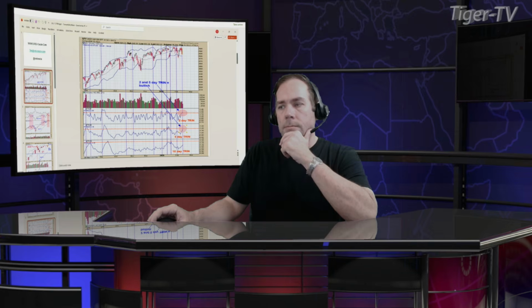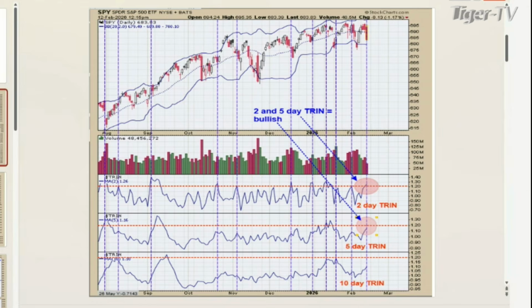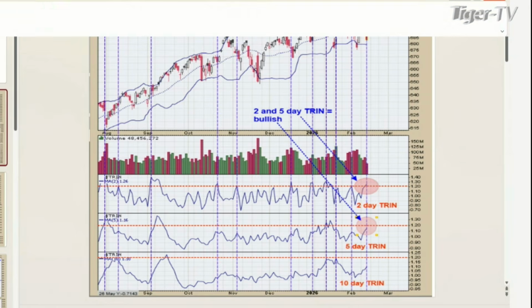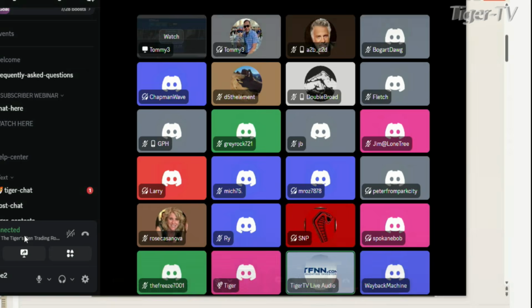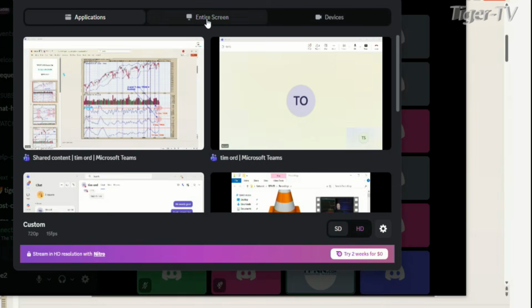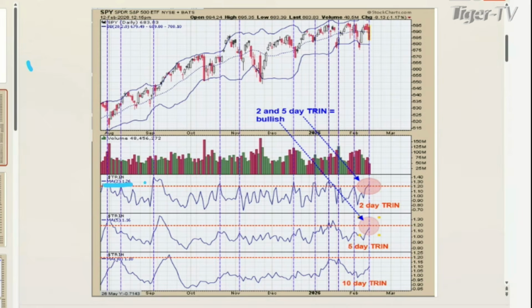So awesome. Let's get to where we are. The first one here is the 2-day average, the third window up. Actually, let me get my drawing tool here. This is the 2-day average of the trend, and I've talked about the trend quite a bit. This is a good indicator to find panic in the market, and panic only forms in lows.